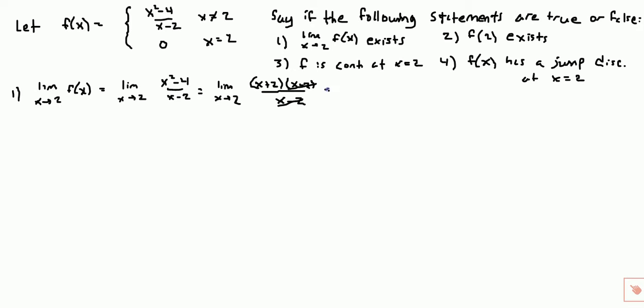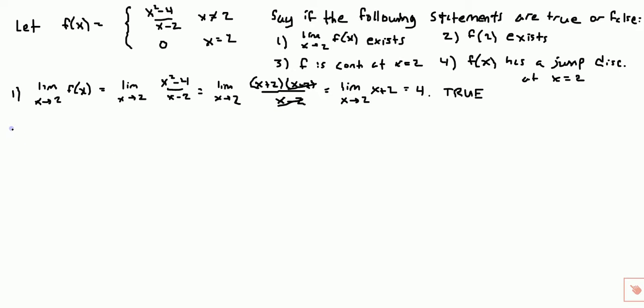And we are left with the limit as x approaches 2 of x plus 2, which is equal to 4. So this limit exists, and it's equal to 4. So that first statement, the limit as x approaches 2 of f of x exists, is true. That limit does exist. It's equal to 4.